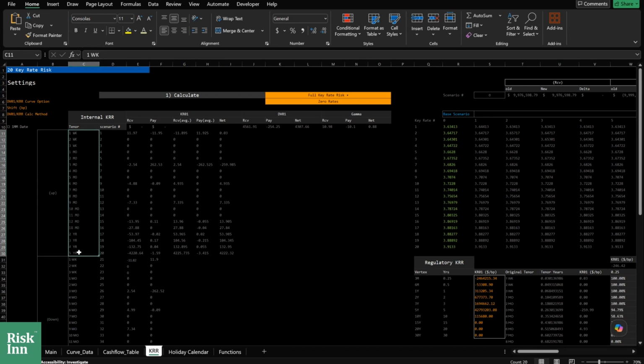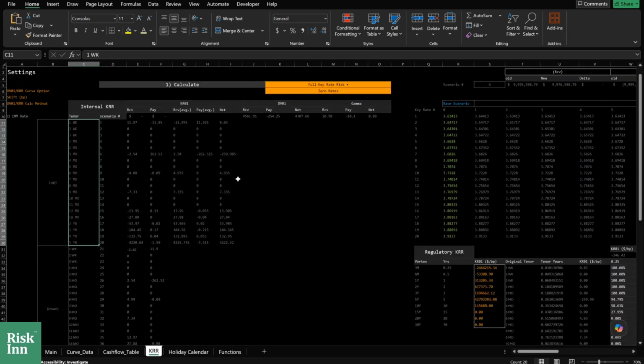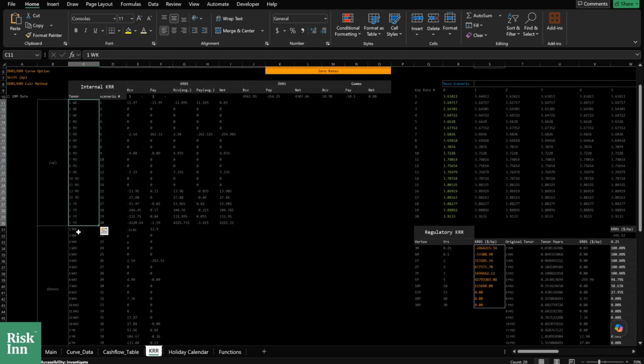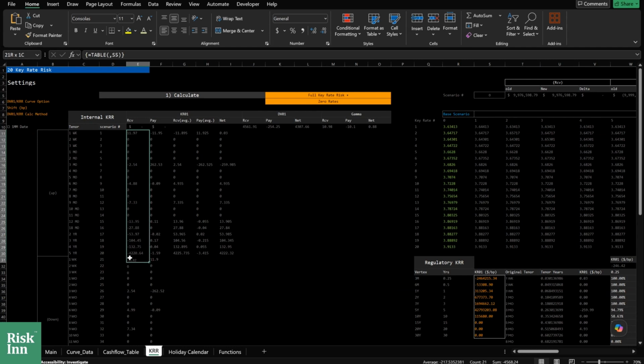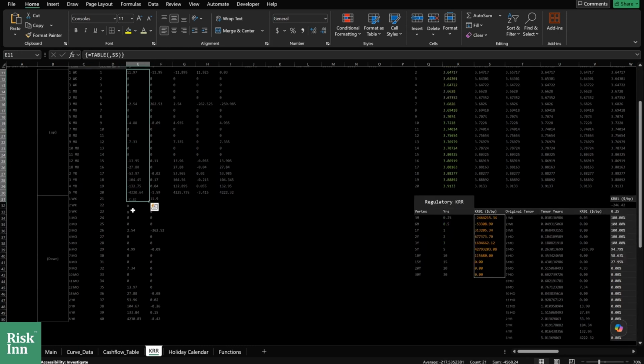So for every tenor, how Bloomberg does it is it does an upward shift and a downward shift and calculates the PNL numerically. Okay, it's not an analytical method. We can still use analytical method, but bumping and repricing is the most accurate. So you can see against every tenor, I came up with what will be the change in value of a particular leg, receive leg, pay leg, in up scenario, in down scenario.